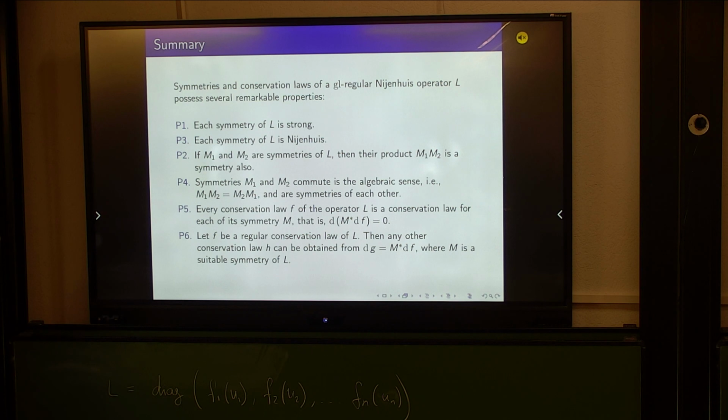My next remark is about this GL regularity condition. How important is it? Of course, the Nijenhuis condition is important because if the operator is not Nijenhuis, it just makes no sense at all. And GL regularity is also important, because here is an example.